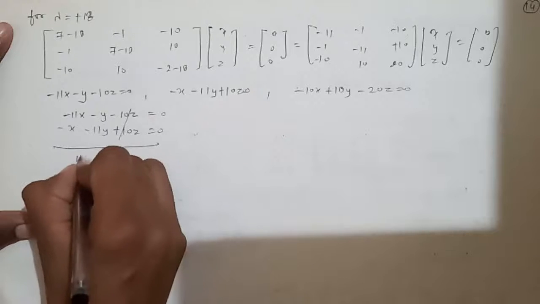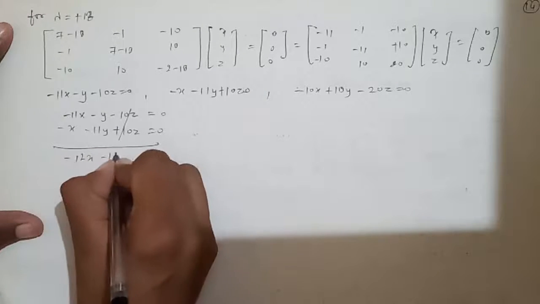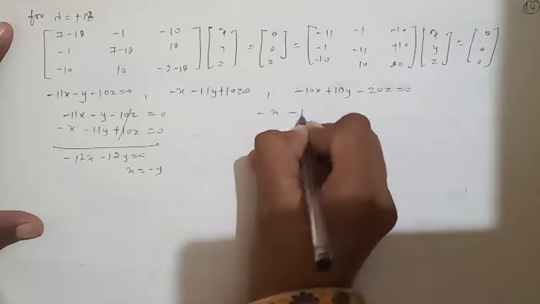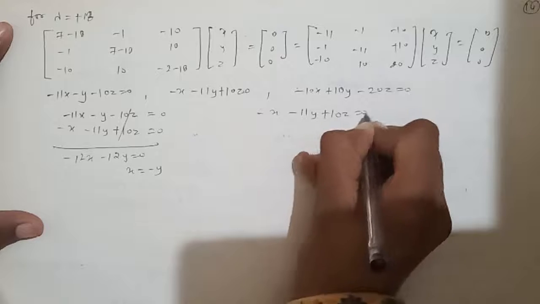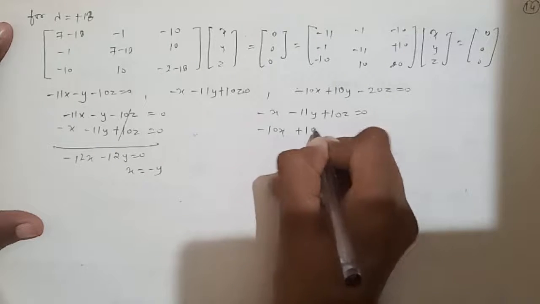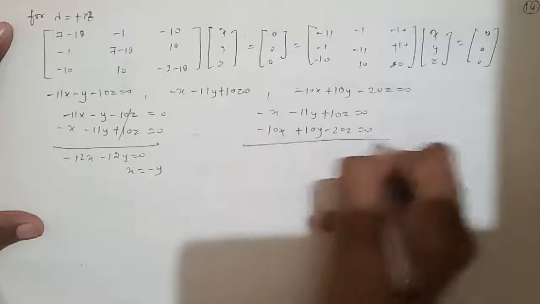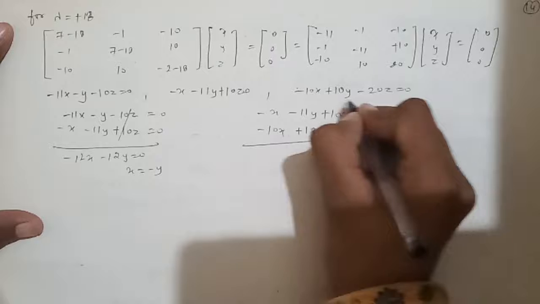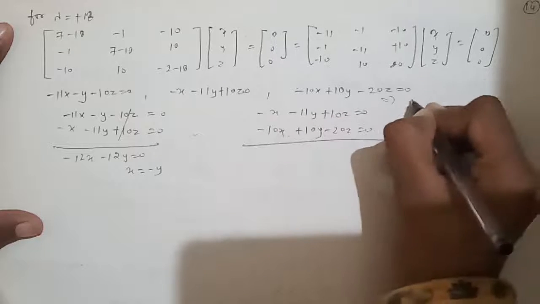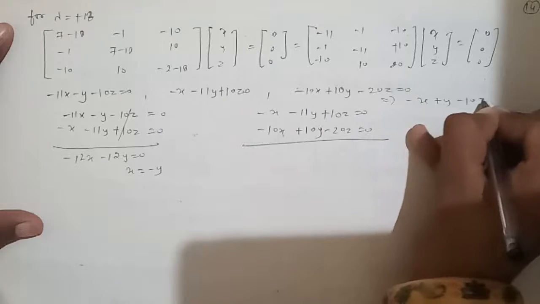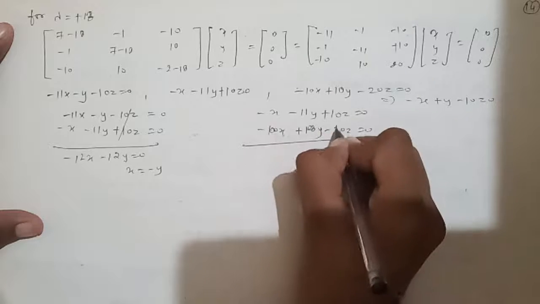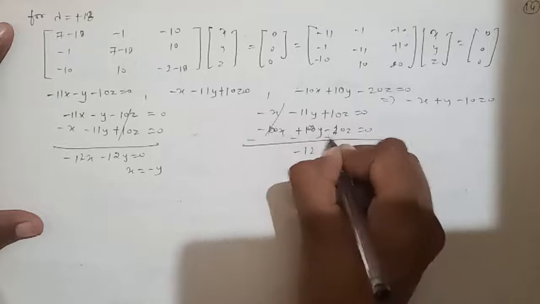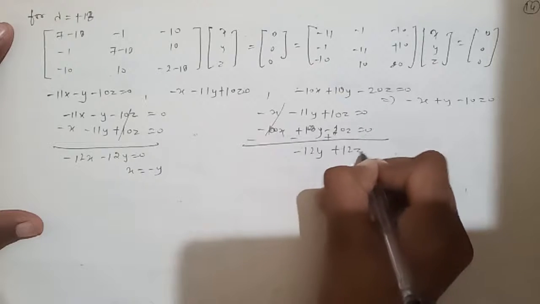So on adding the first two, the z terms get cancelled, and we get minus 12x minus 12y is equal to 0, which implies x is equal to minus y. And from minus x plus y minus 10z... these terms get cancelled, and we get minus 12y plus 12z is equal to 0.